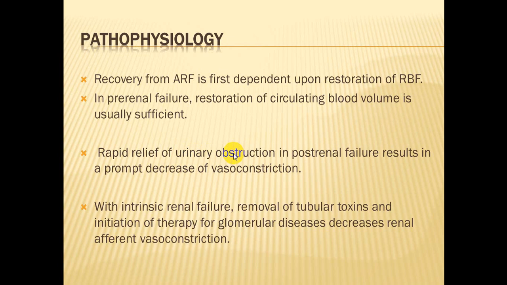Rapid relief of urinary obstruction, if it is a post-renal cause, results in a prompt decrease of vasoconstriction, while in intrinsic renal failure, removal of tubular toxins and initiation of therapy for glomerular disease will decrease renal afferent vasoconstriction, which is the main cause of the sequelae of the intrinsic type of renal failure.